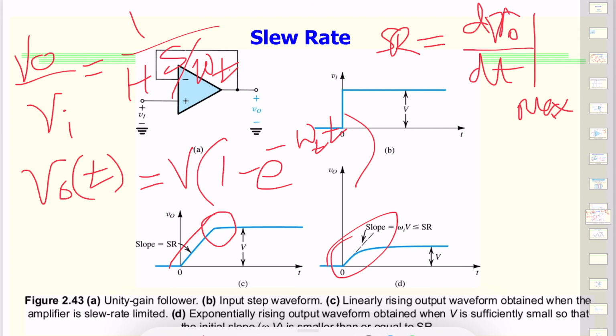The initial slope of this exponentially rising function is omega t times the voltage. So as long as the voltage is sufficiently small, the exponential slope stays below the slew rate, and the output can be considered to be following the input.